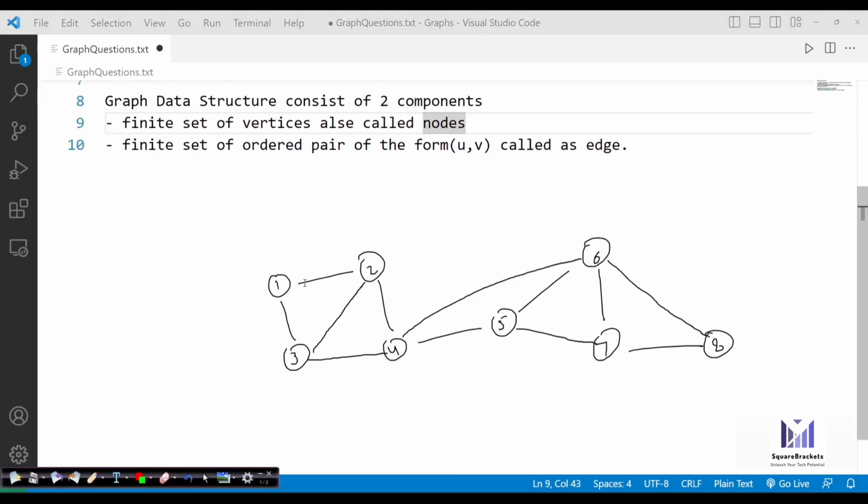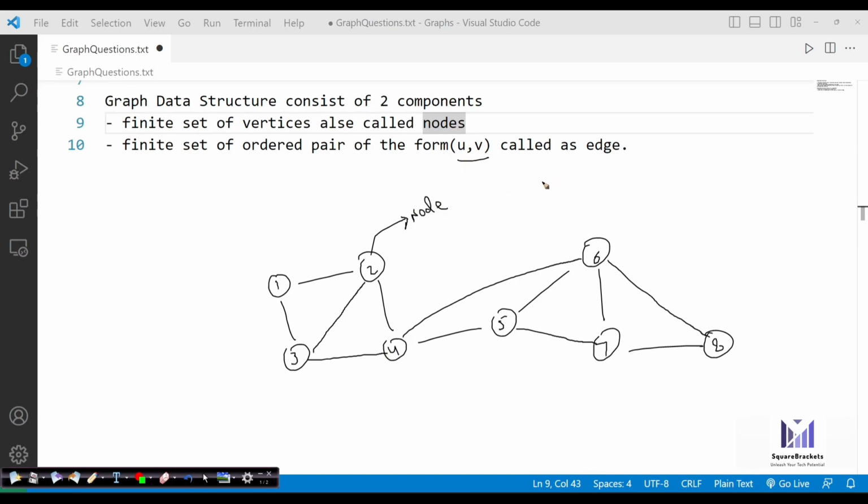So basically, when we talk about a graph, there are two major things. One is the node. And the other is the pair, the edge through which two nodes are connected. The pair is ordered because u comma v is not the same as v comma u.